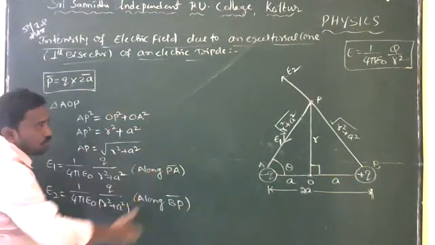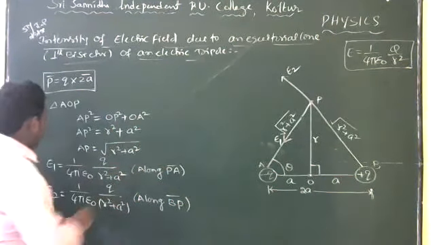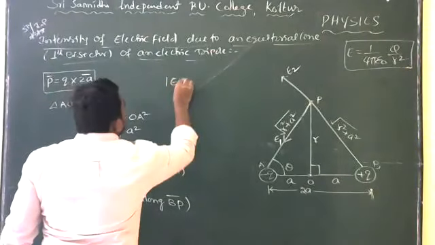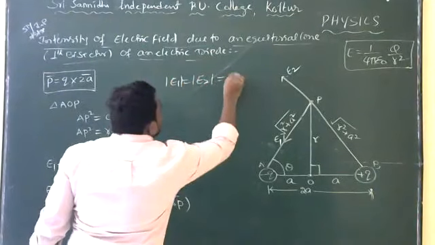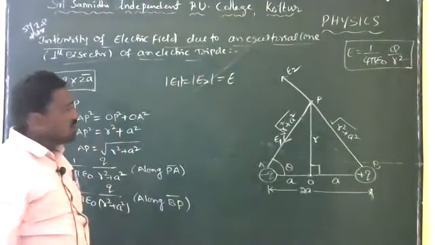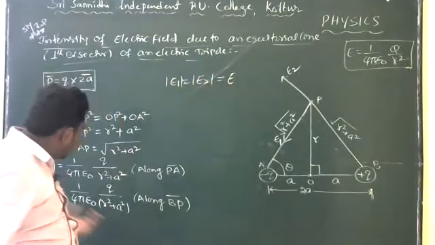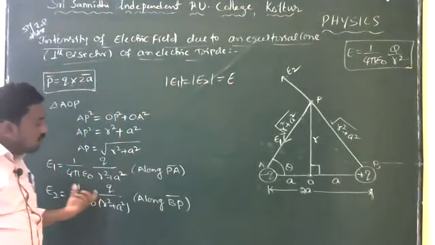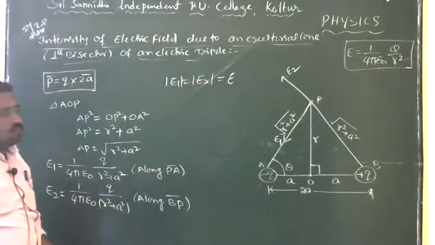One is along PA, the other one is along BP. So the magnitude of E1 is equal to the magnitude of E2, and this is equal to E.